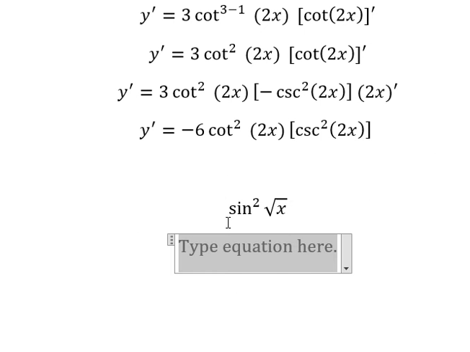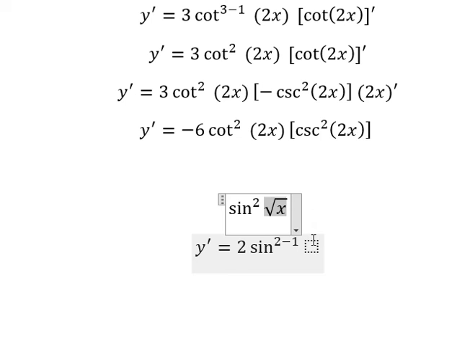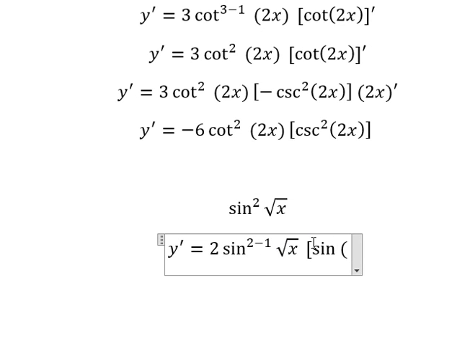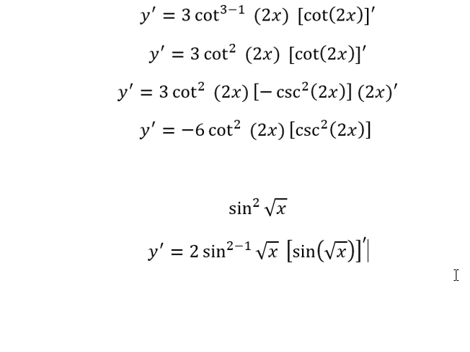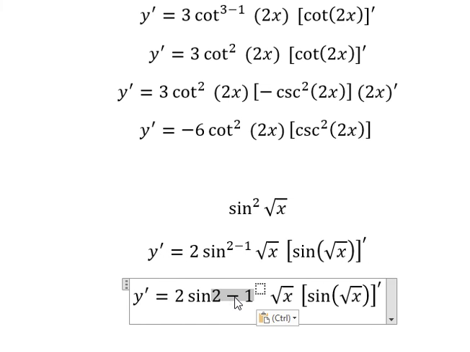So first derivative of this one, we have number 2 sine to the power of 2 minus 1. And we have the square root of s. Later that we do first derivative of sine of the square root of s. This one we have number 1. So we have sine.